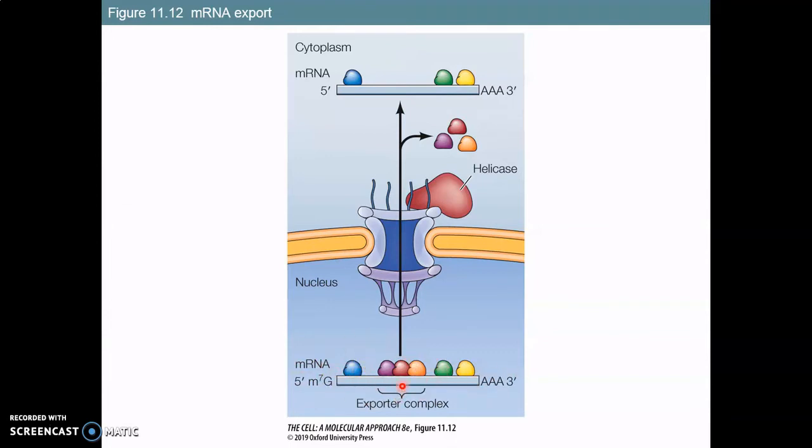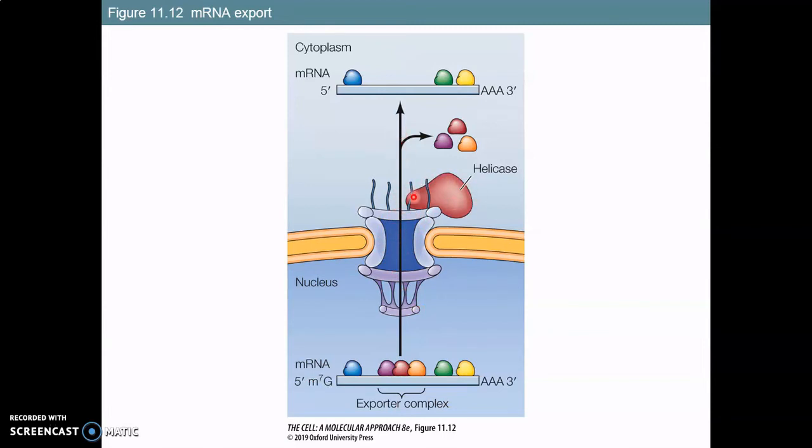So the presence of these proteins bound to the 5' cap and the poly A tail allow this exporter complex to form. It will act in a similar way to exportin and RAN, in that it can bind the FG proteins that are in the pore, and it can allow the whole complex to work itself through the nuclear pore into the cytoplasm.